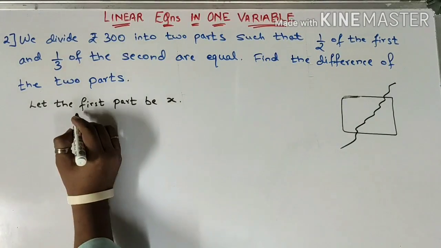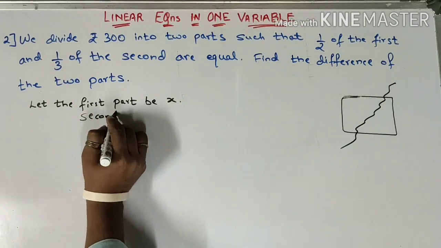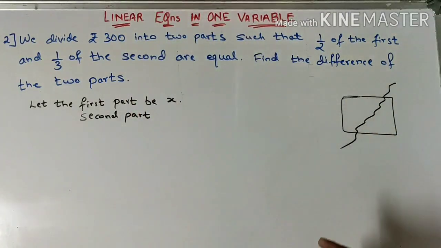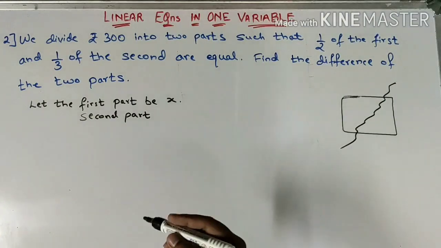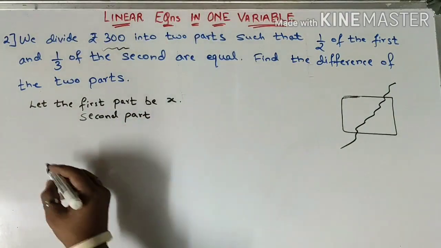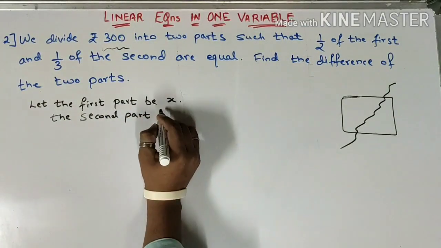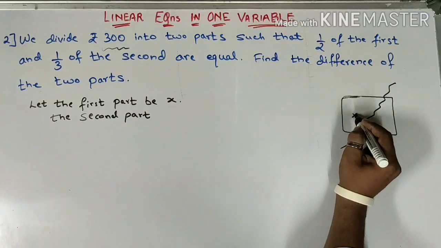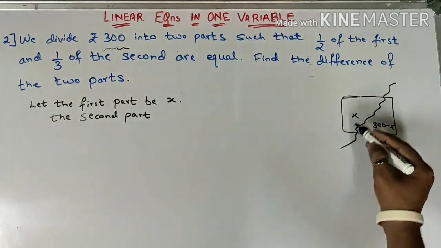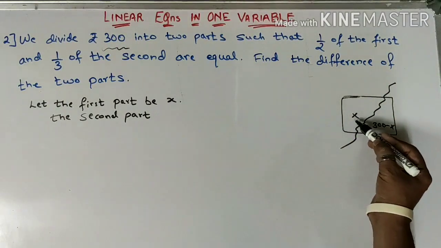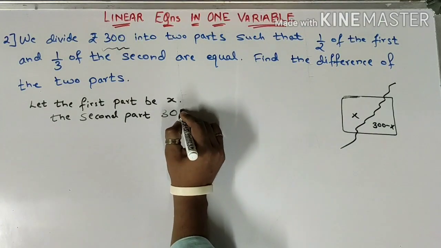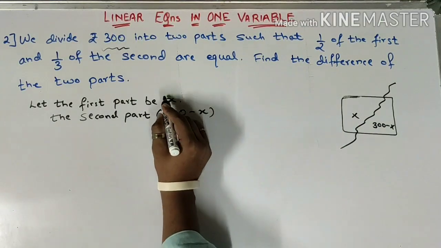Okay, so second part will be, because we are dealing with linear equations in one variable, I cannot use another variable for the second part, but we know that the total is 300. So the second part will be, if this is x, this remaining part will be 300 minus x, because this whole thing is 300. So if this part is x, this part will be 300 minus x. Second part is 300 minus x.